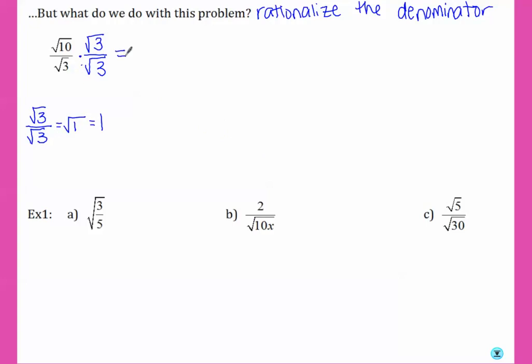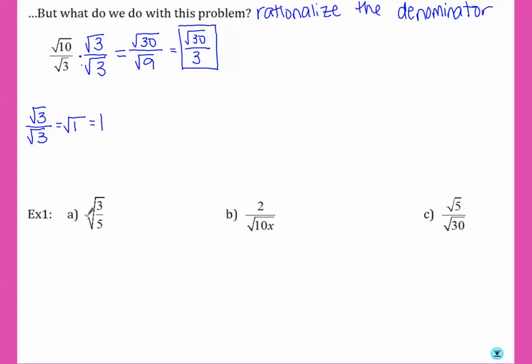So if we multiply this across, square root of 10 times square root of 3 is the square root of 30, over square root of 3 times square root of 3 is square root of 9, and then simplify. Square root of 30 can't be simplified. Square root of 9 is 3. We no longer have a square root in the denominator. It's fine that we have a square root on the top.